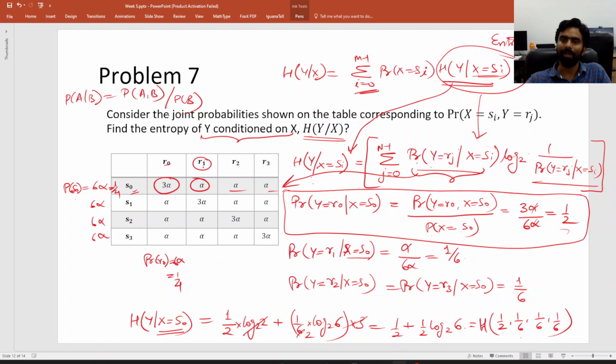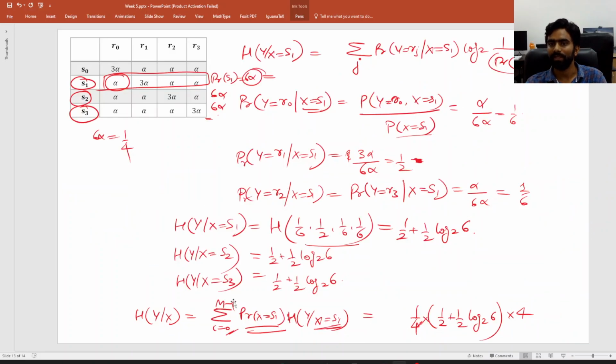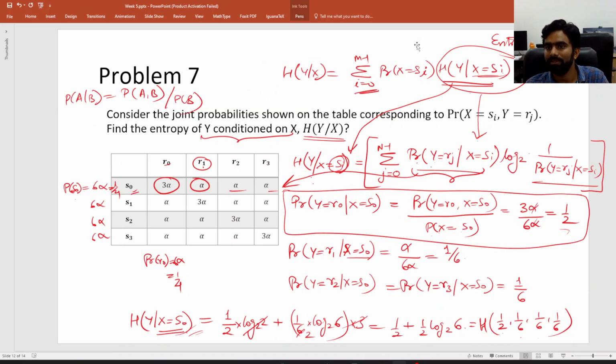You will apply this and calculate each of the probabilities, and corresponding to that you will calculate the entropies for each value of si, that is s0, s1, s2, s3. You will get four entropies corresponding to four symbols. If there are four symbols, you will get four entropies and four probabilities. You will multiply and you will get your answer.